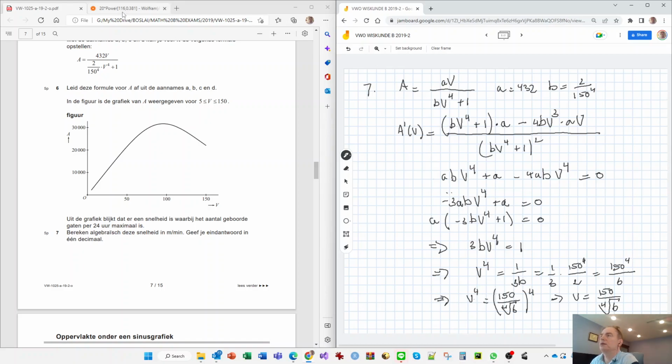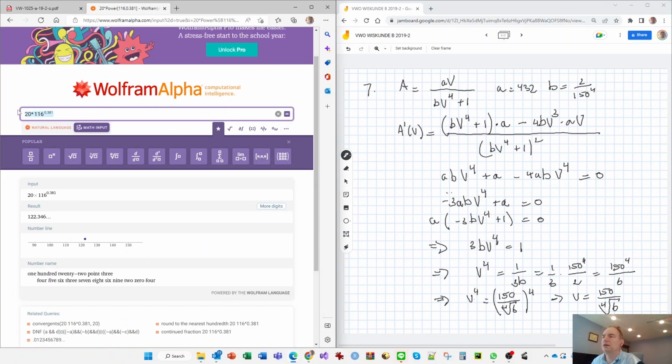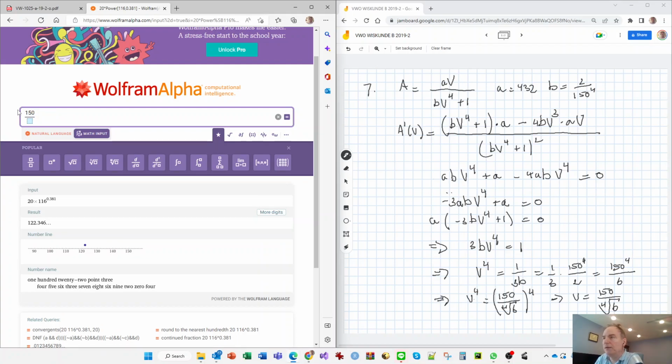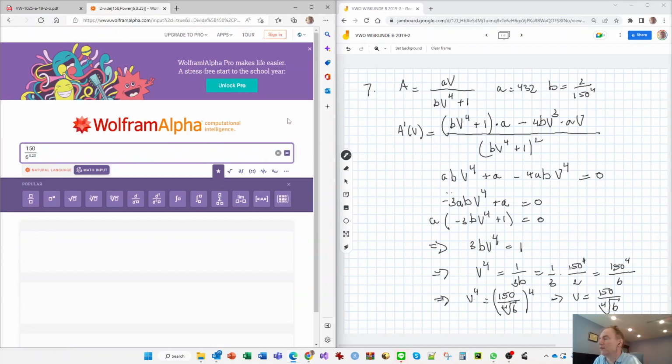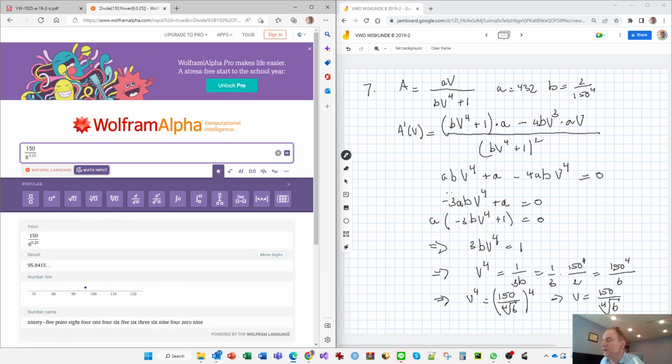Let's just calculate this. 150 divided by 6 to the power 0.25. That's 95.8.